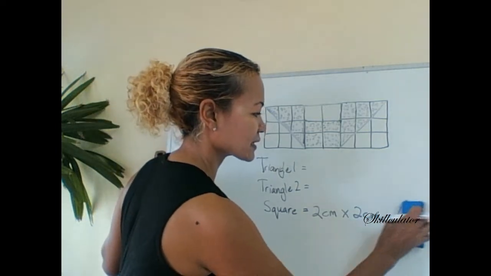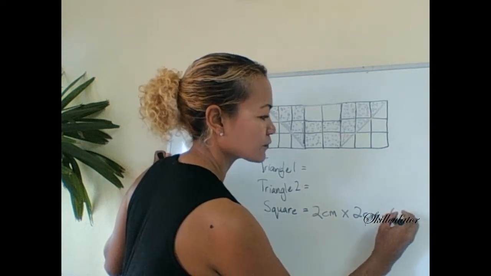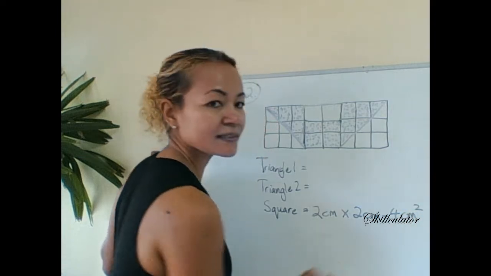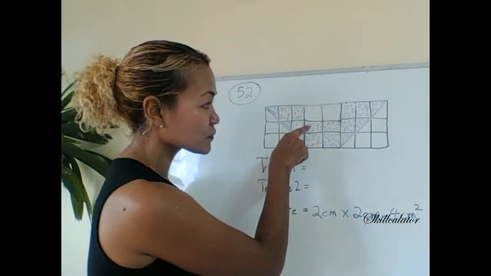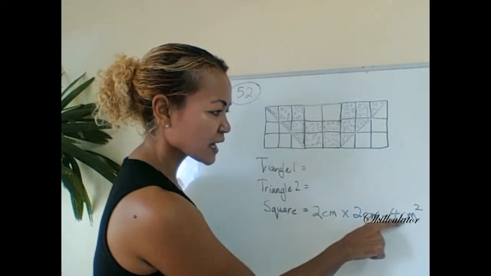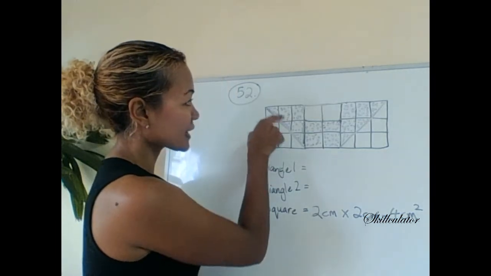Let me just squash it in. 4 centimeters squared. Okay, let's back it up by just showing by counting. 1, 2, 3, 4. Check. 4. Okay, let's move on to the first triangle.